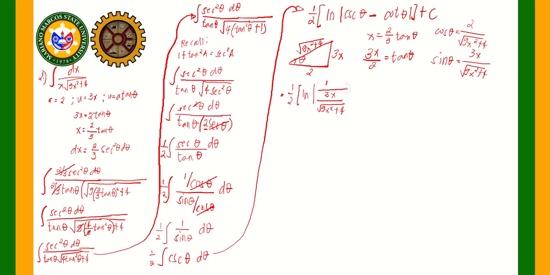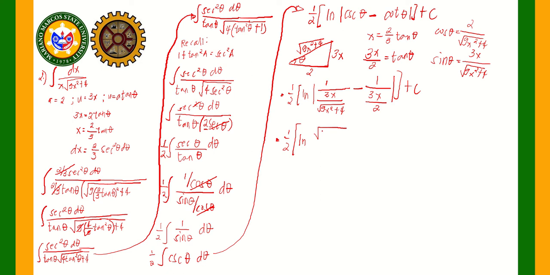And then, minus cotangent natin is 1 over tan. So, this one, 1 over tan. 1 over 3x over 2. And then, plus C natin. So, simplifying further, we have 1/2 ln of in, out, out.